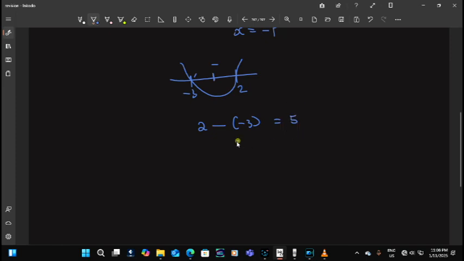Then 5 divided by 2 is 2.5. Oh, you add, you don't subtract. So -3 plus 2 is negative 1. Divide by 2, and you're going to get what you need there.